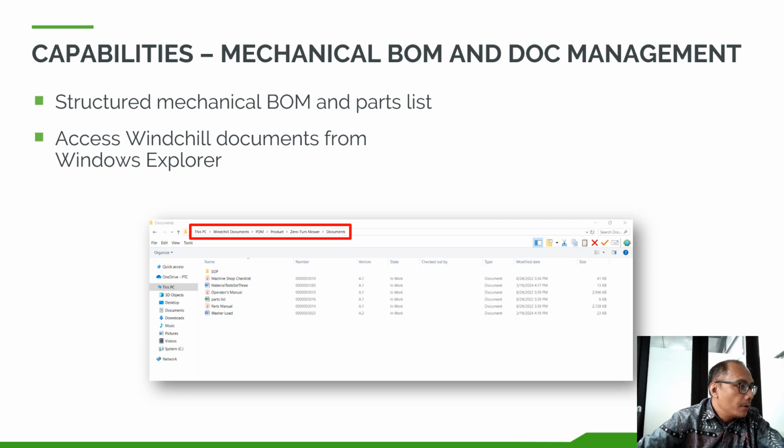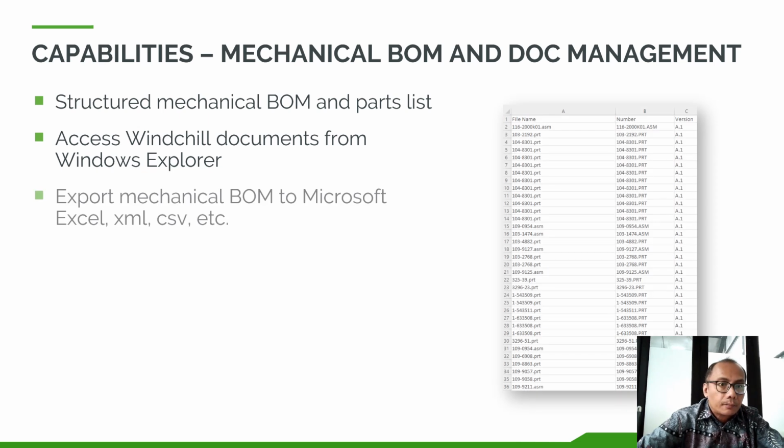And then you can also access Windchill from your Windows desktop, and documents can be dragged and dropped into a Windchill folder, just like any other Windows folder. Then Windchill has the structure, mechanical bill of materials, and part list. You can access Windchill documents from Windows and then export the mechanical bill of materials to Microsoft Excel, and so on.